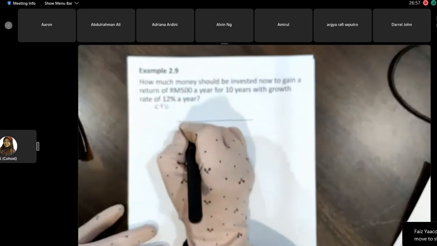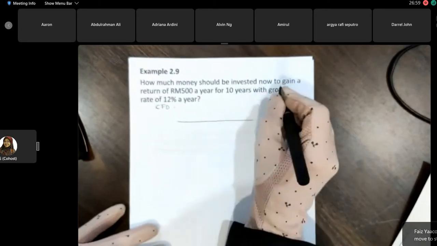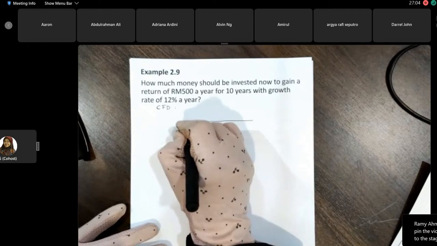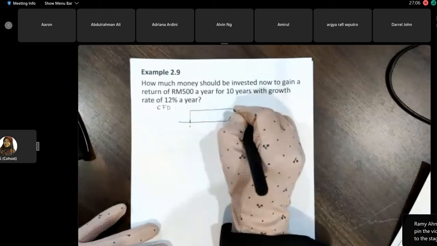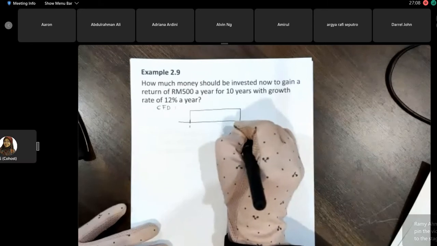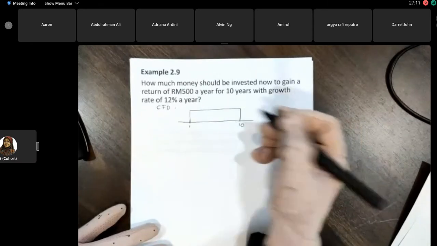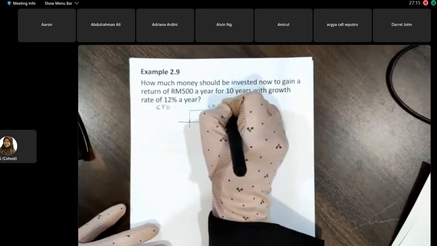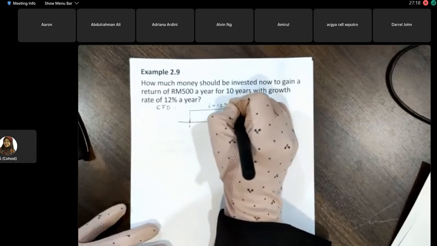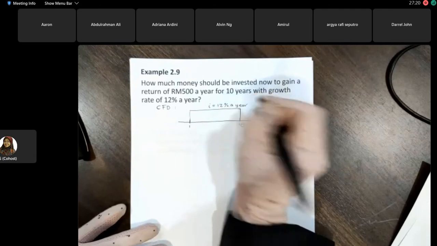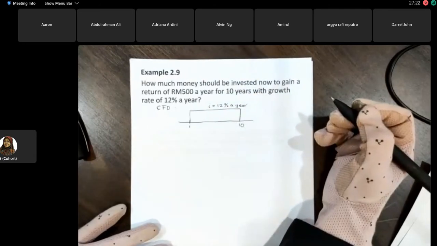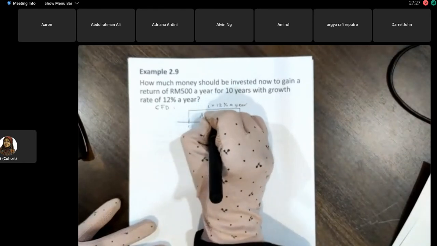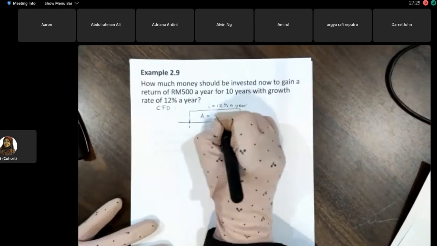And then it mentioned that you would need to gain a return of 500 ringgit a year, so that means from first year until 10 years. Its growth rate is 12% a year. And then here you have A is 500.